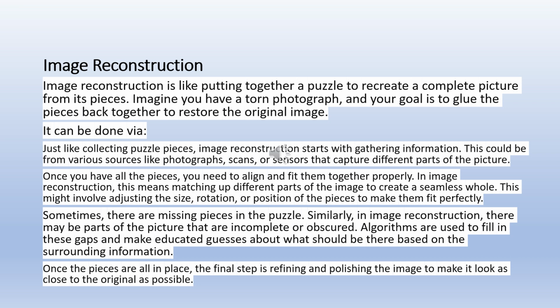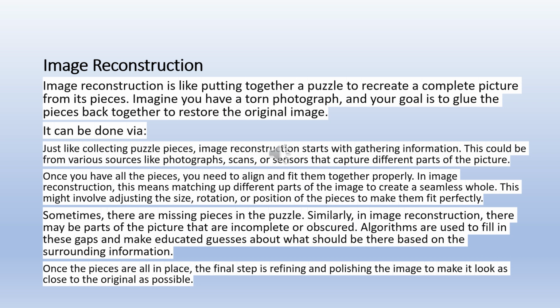First, we collect the pieces, the puzzle pieces, and gather information from various sources like photographs, sensors, etc. Once we have all the pieces, we move to reconstruction. We match up different parts of the image to create a seamless whole. This might involve adjusting the size, rotation, or position of the pieces to make them fit perfectly.